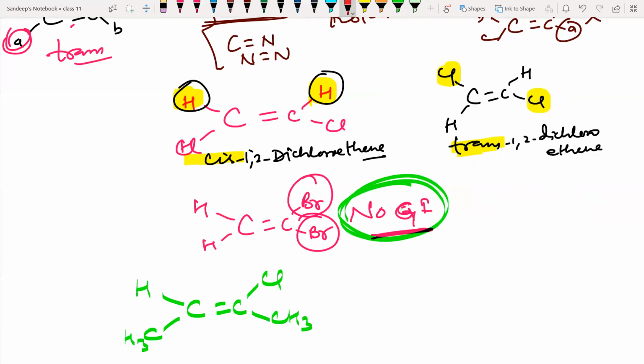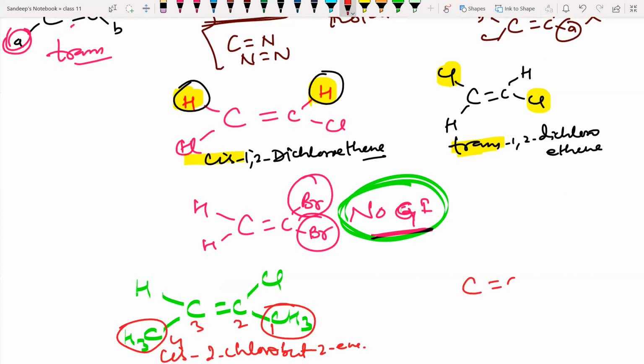Yes, this is a cis alkene. Its name is, 1, 2, 3, 4, so it is 2-chlorobutene. So it will show geometrical isomerism and it is the cis form.